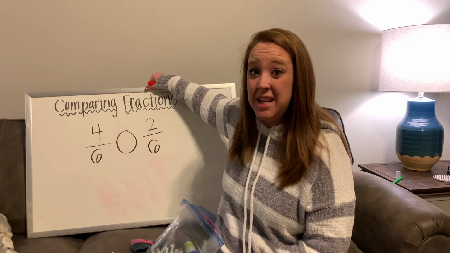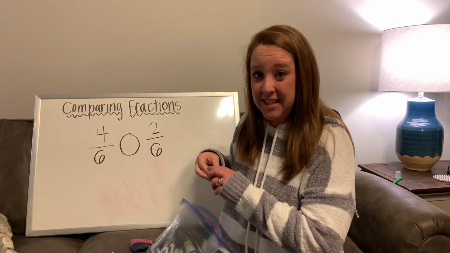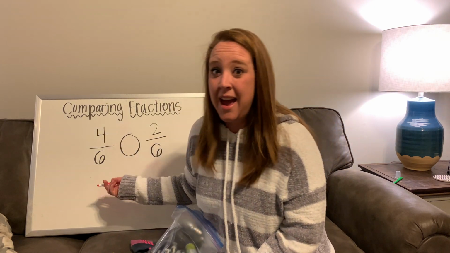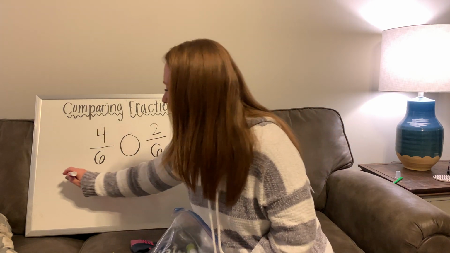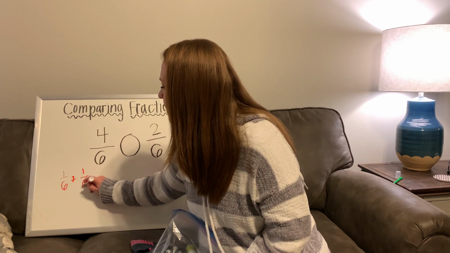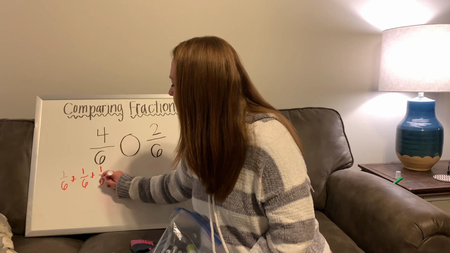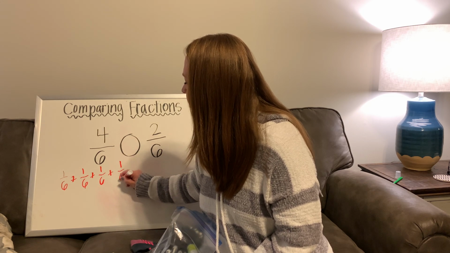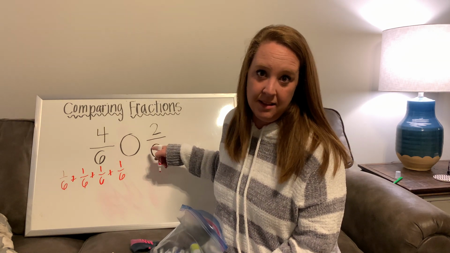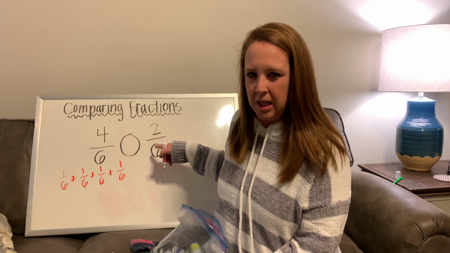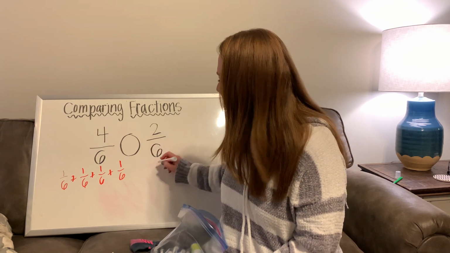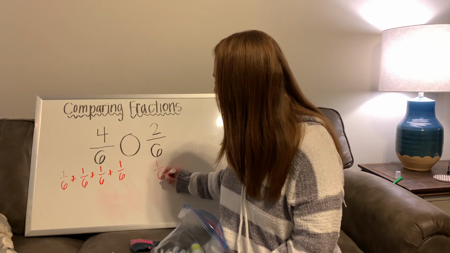And so each piece is a 1/6 size piece. So 4/6 means I have 4 of the 1/6 pieces. So I have 1/6 plus 1/6 plus 1/6 plus 1/6. I have 4 1/6 pieces. This means, what does this mean? You're exactly right. I only have 2 1/6 pieces.